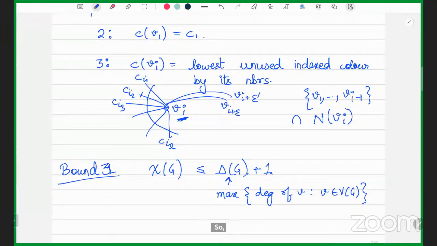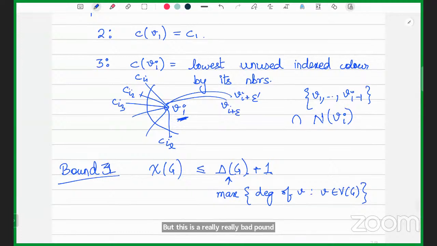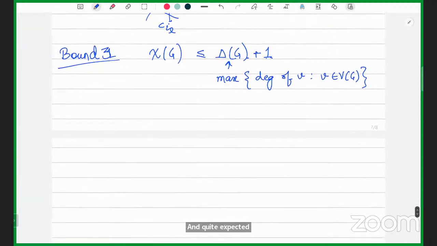But this is a really, really bad bound. And quite expected because the greedy algorithm, as naively as we have applied, is never bound to give good results.